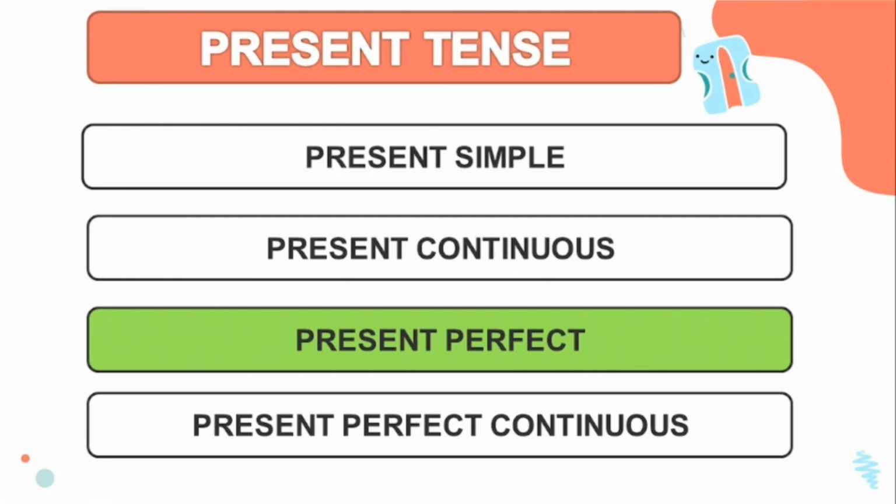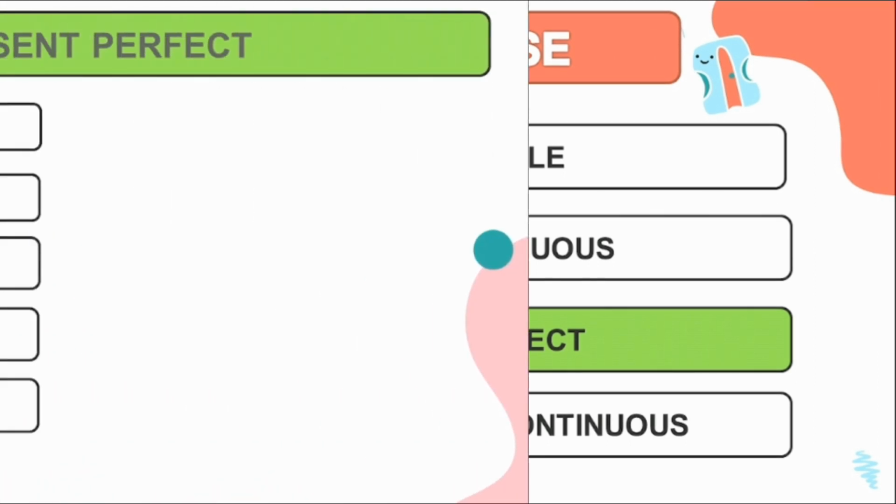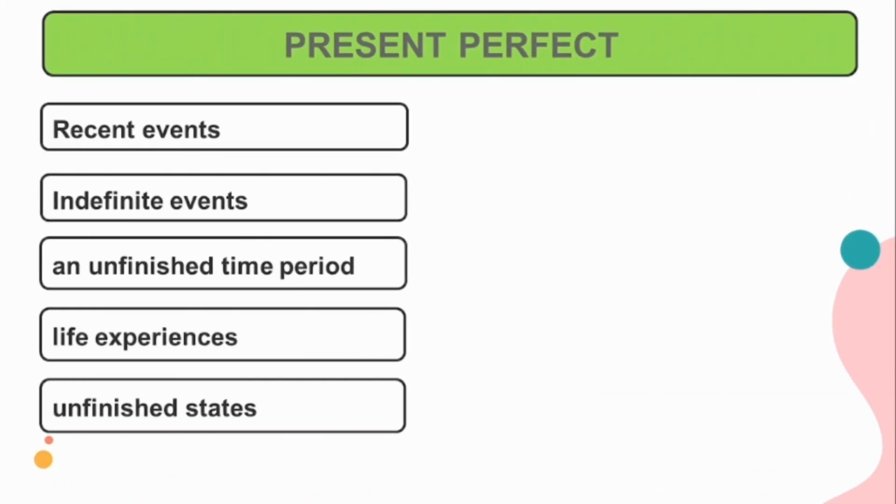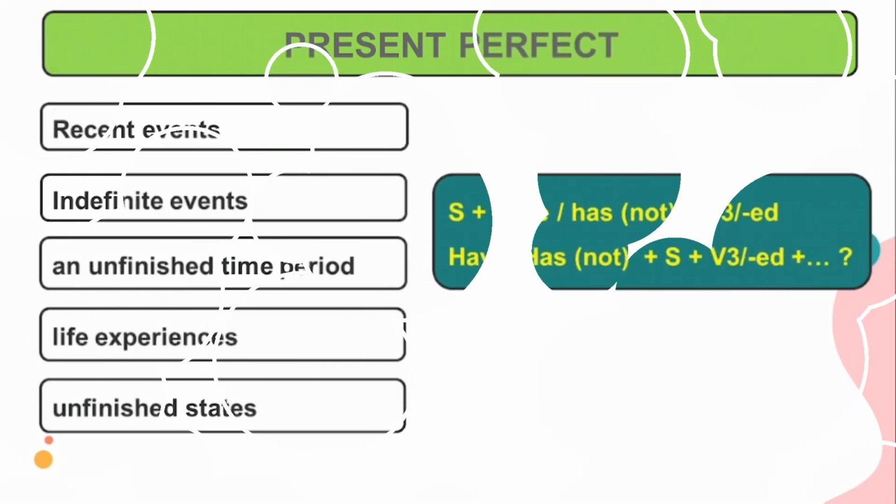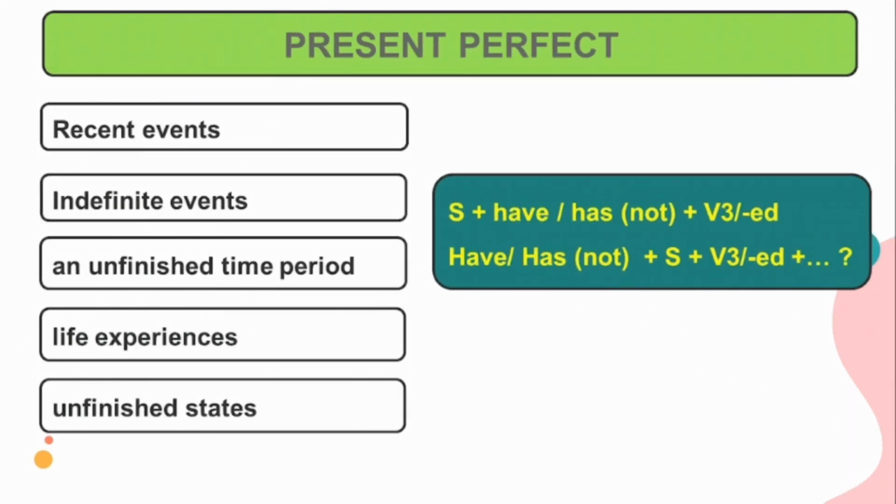Present perfect shows recent events, indefinite events, and unfinished time periods, like experiences or unfinished states. The structure of present perfect is have or has, with not after have or has, and the past participle, verb three or -ed. In question form, we put have or has before the subject.